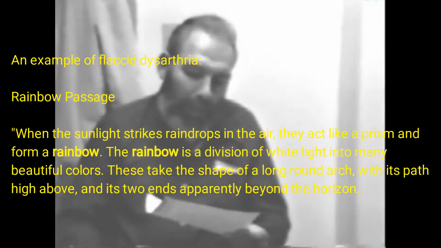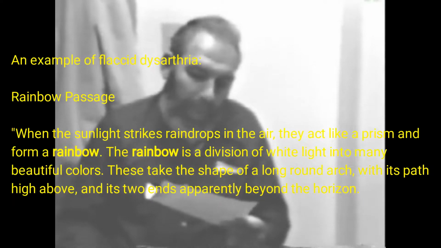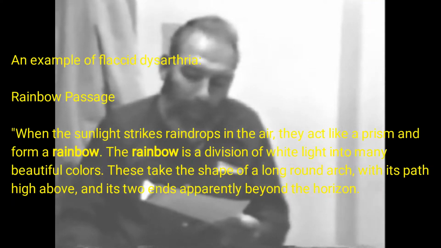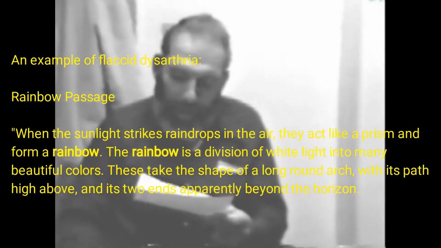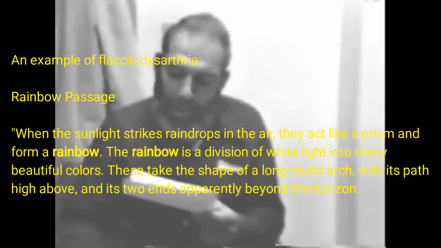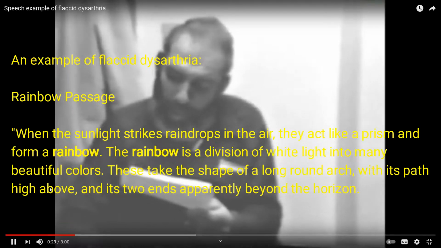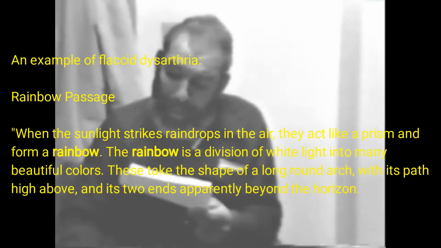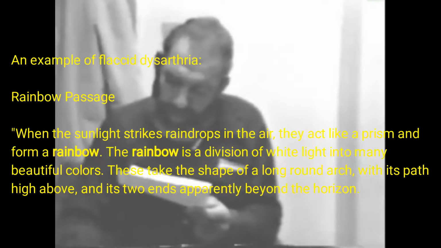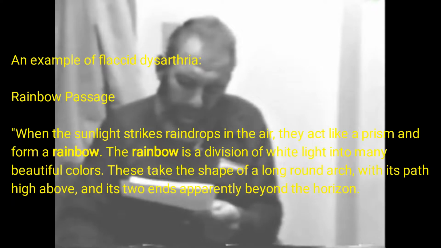When the sunlight strikes every drop in the air, they act like a plume. And from rainbow, the rainbow is the reason of wet light and the beautiful colors. They take the shape of a long-wound arch. When it's passable, and they still end the beyond the horizon.